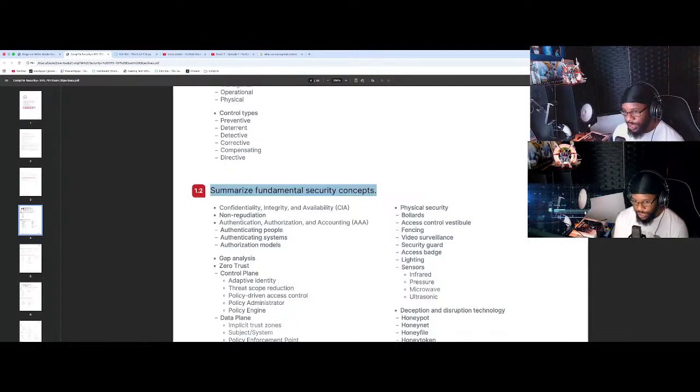So with the CIA triad, you have the C, which would be confidentiality, and that's basically when we're having a conversation, we're exchanging information, and that information should only be between me, the sender, and you, the receiver, right? So we don't want anybody else in our conversation. That's confidentiality.